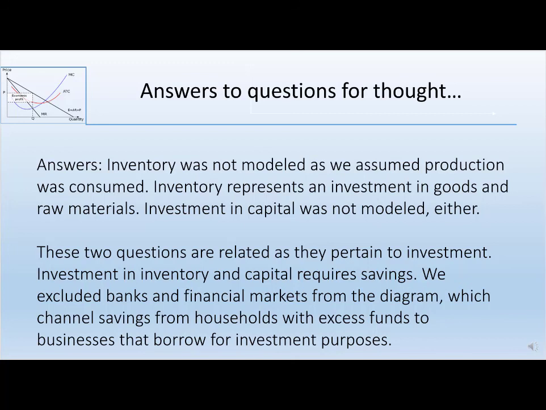Okay, so those are the two things I was just talking about. Banks and financial markets channel savings from households with excess funds to businesses that borrow for investment purposes. And that's how the two are related. They're not included in the model. It would make it a lot more complicated. I guess banks by themselves wouldn't be too complicated. We could add financial markets in there and embellish it a bit more.